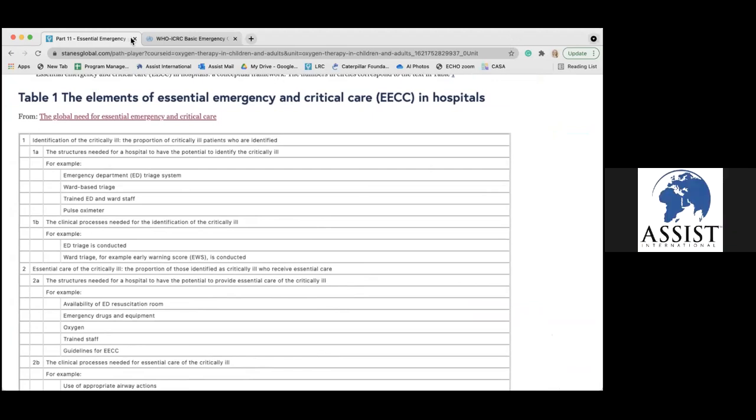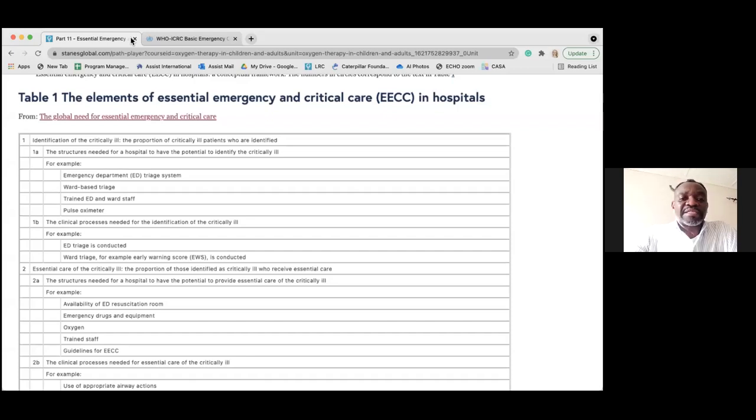So as we discussed in the previous chapters of this lecture, we're told that EECC has two big components, identification and care. So when you look at identification, there's structure that you also need to have in order to identify.